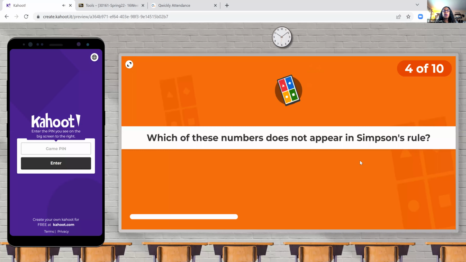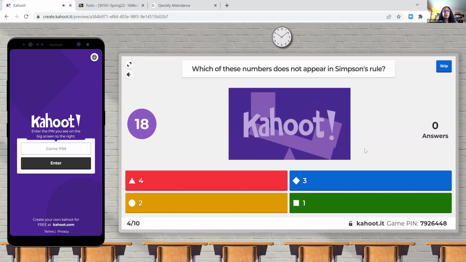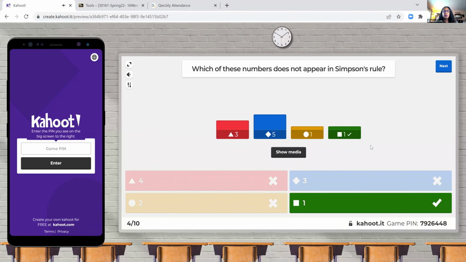Which of these numbers does not appear in Simpson's rule? Okay, number 1 does not appear in Simpson's rule.